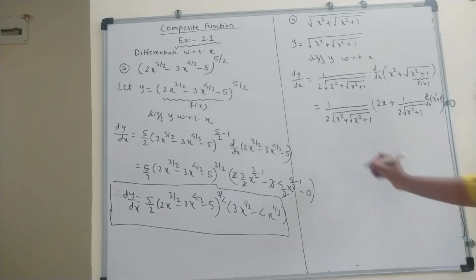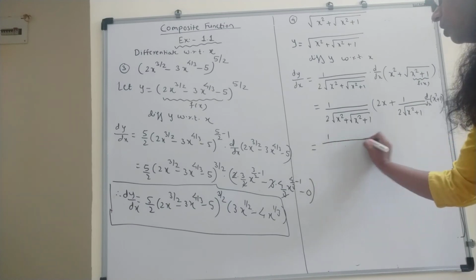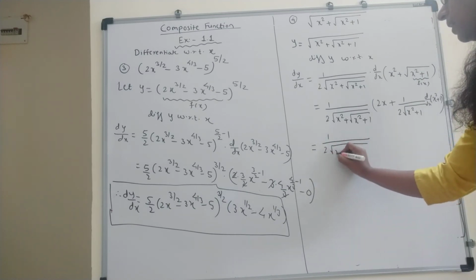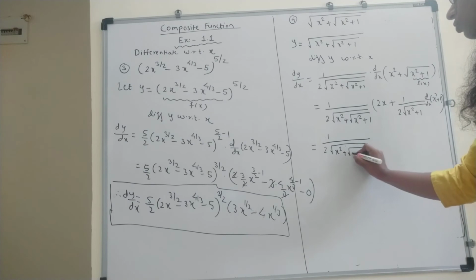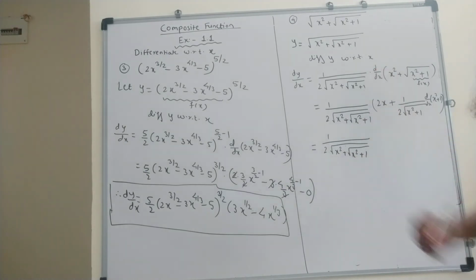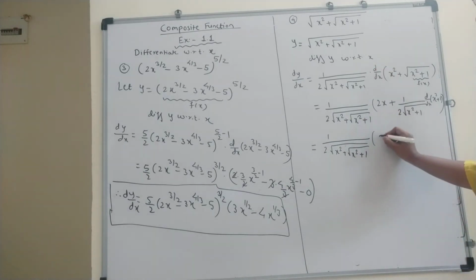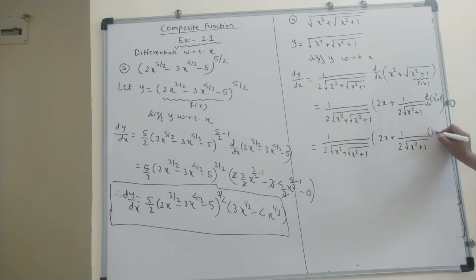And so this term is 1 upon 2 root of x square plus root of x square plus 1, inside bracket 2x plus 1 upon 2 root of x square plus 1 multiplied by derivative of x square.